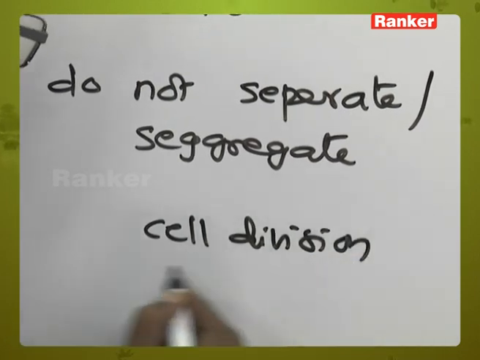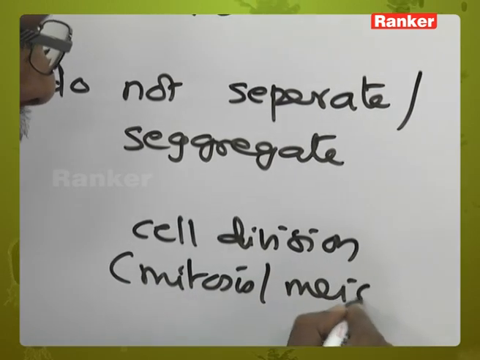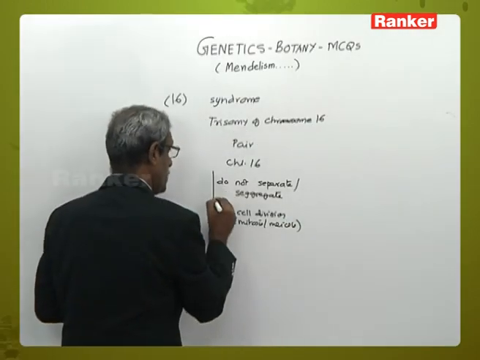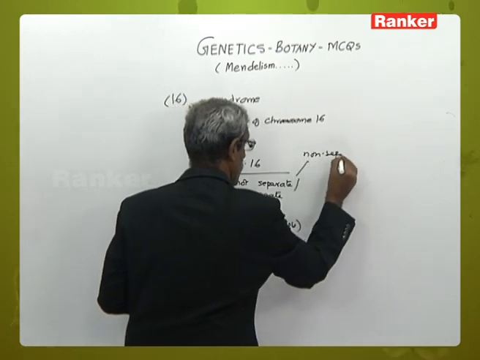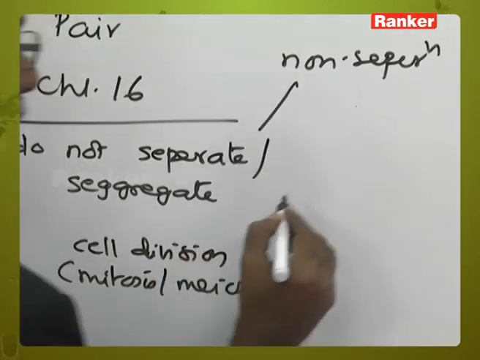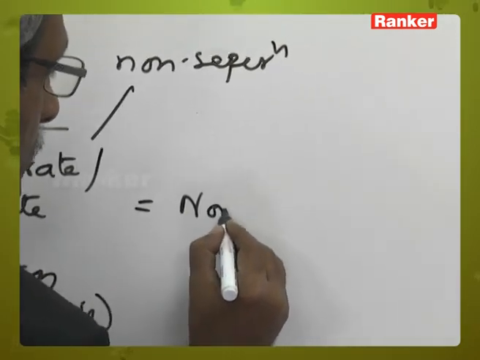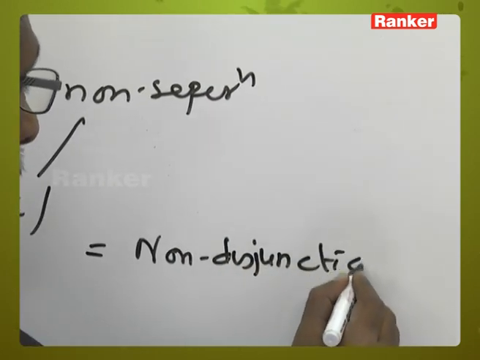During cell division, whether it is mitosis or meiosis, non-separation of the chromosomes during cell division is termed as non-disjunction.